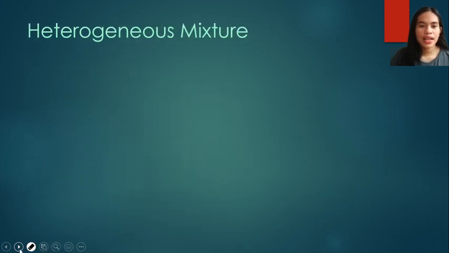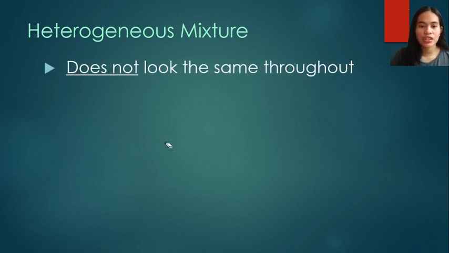Let's have this heterogeneous mixture. Heterogeneous mixtures do not look the same all throughout. That means they form different layers. Aside from different layers, you can easily see the different particles that are mixed together. For example, we have sand and water.